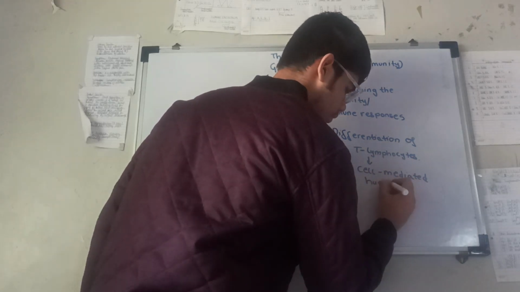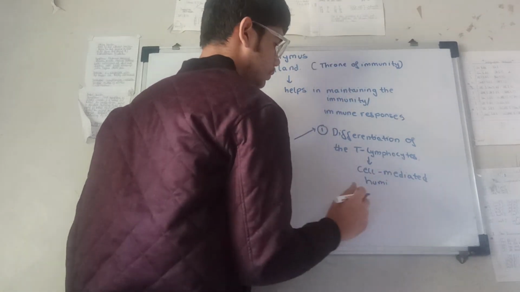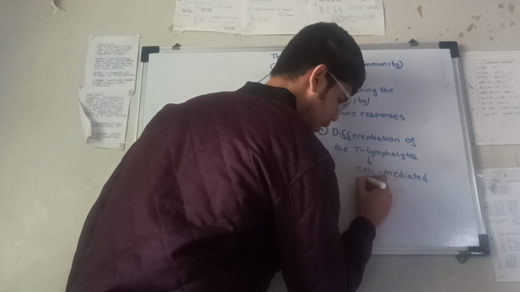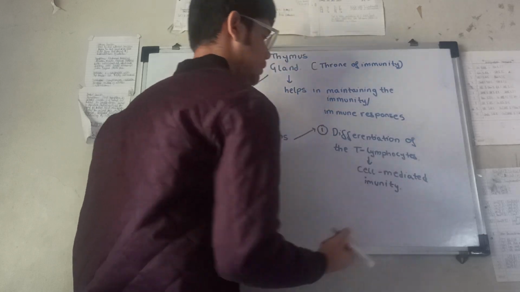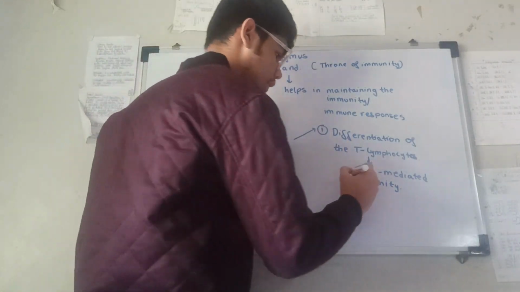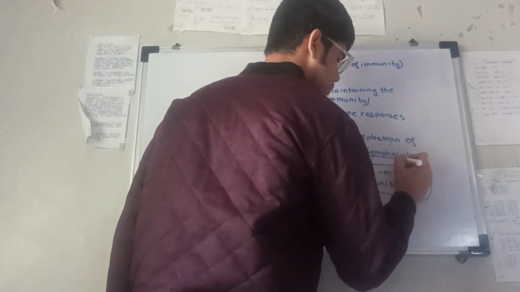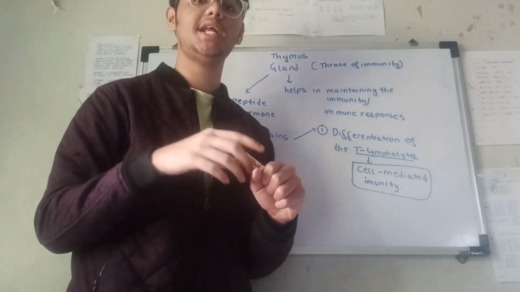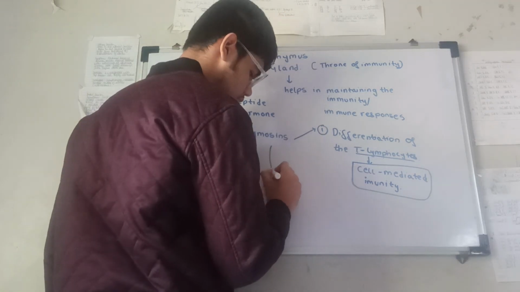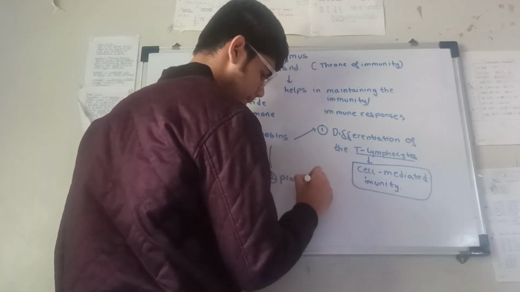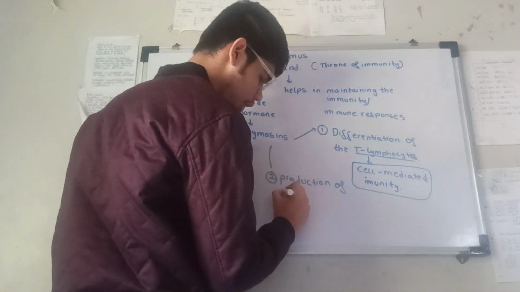Make a box over here for cell mediated immunity, as you have to know that the T lymphocytes are necessary for cell mediated immunity, right? And the second function is production of antibodies.